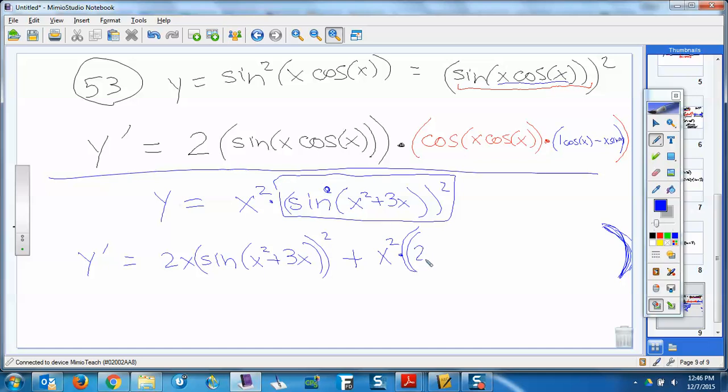So yeah, you'd bring the 2 down, you'd leave the sine of x squared plus 3x alone, times the derivative of that inside, so that'd be cosine of x squared plus 3x times that inside 2x plus 3. You just keep tacking on that inside and that inside. But even then, you'd just be done there. There's nothing more to do with that.